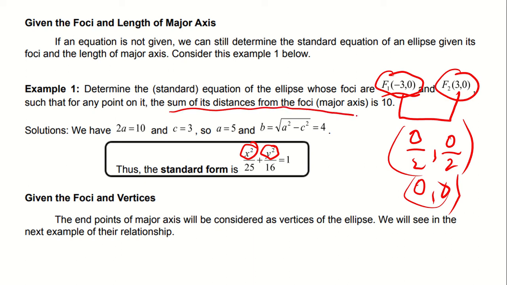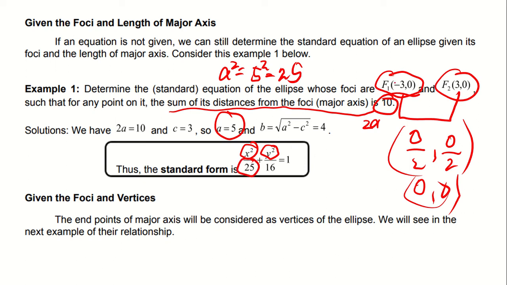So, since ang atong major axis is 10, that is 2A, it means ang A naton, tunga sina is 5. That is our A. So, our A is 5, and that means A squared is equals to A times A, which is 5 times 5, and that is equal to 25. And that is, ilagay natin siya dito sa baba ng x squared. Bakit?